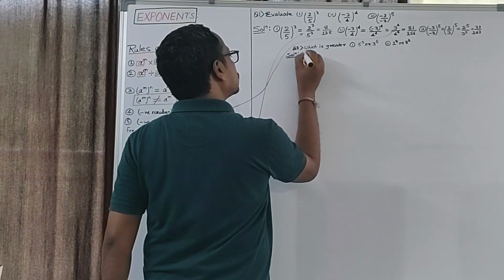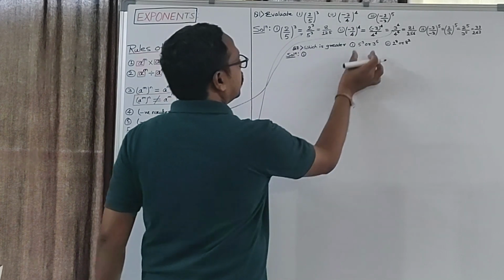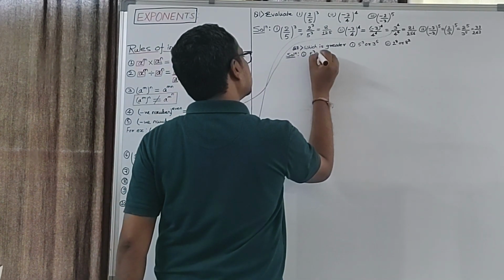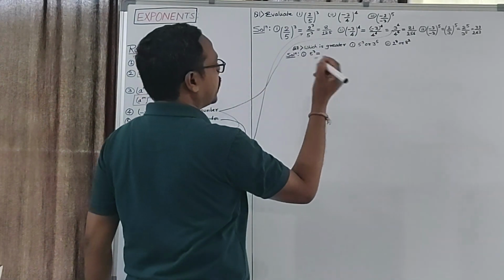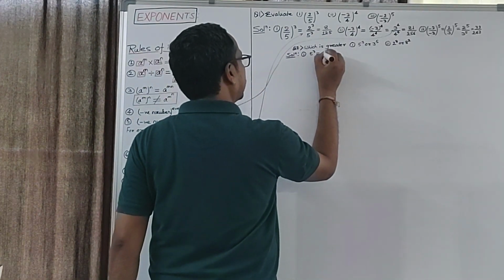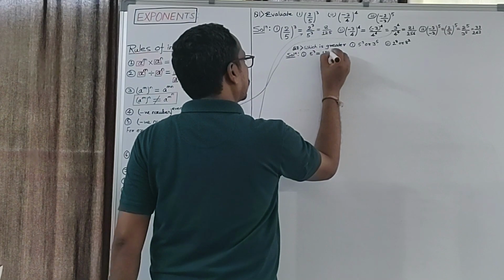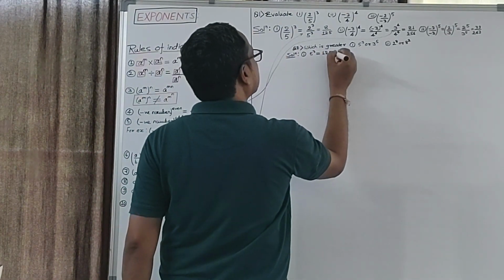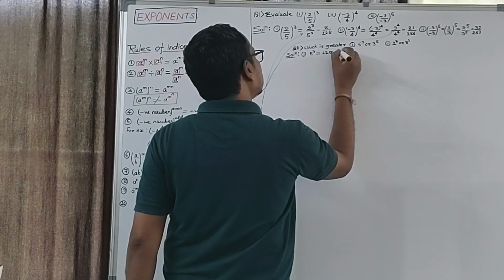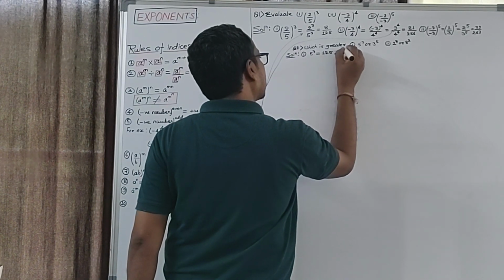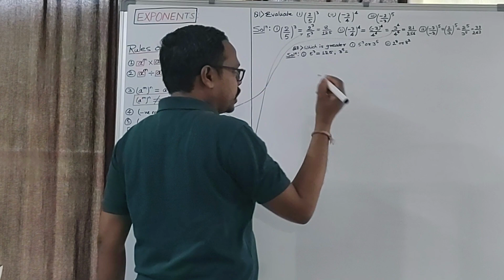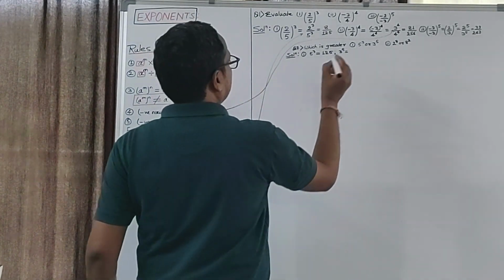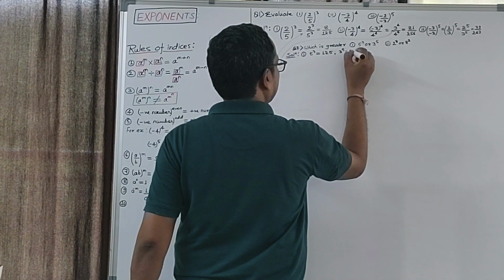We'll solve the first part. 5 raised to the power 3 is 5 into 5 into 5, 3 times, which gives you 125. And what is 3 raised to the power 5? 3 into 3 into 3 into 3 into 3, that will give you 9 into 9 into 3, 243.